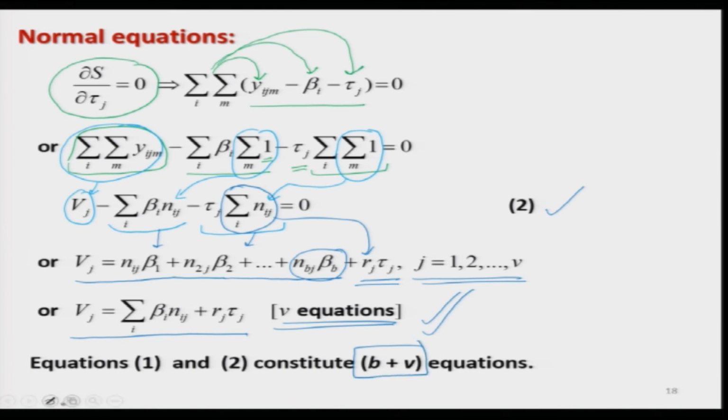Now, how many parameters do we have? We have beta_1, beta_2 up to beta_b, and tau_1, tau_2 up to tau_v, so altogether b plus v parameters. So we think that we have b plus v equations and b plus v unknown parameters, so we can solve these equations and get unique estimates, but this does not happen. That is what you have to see here.